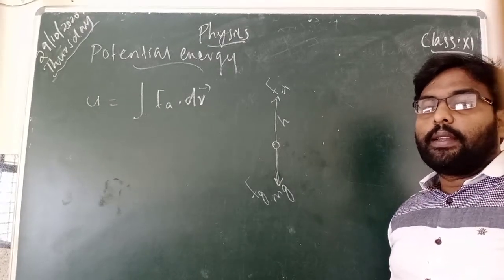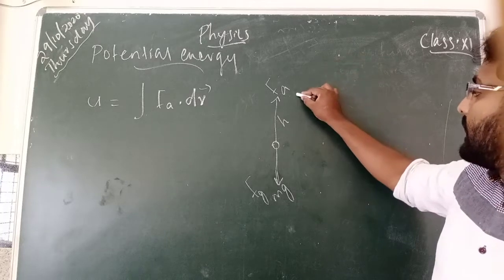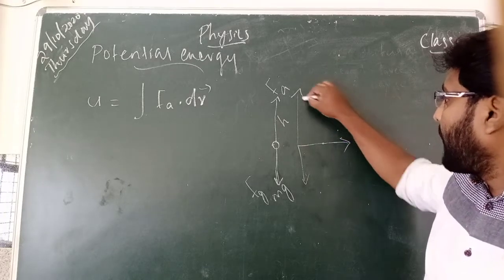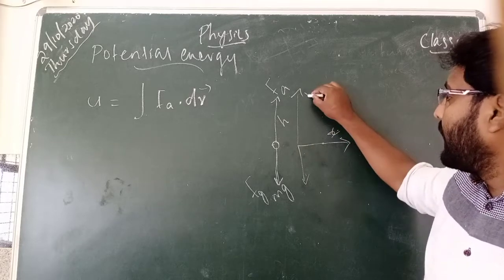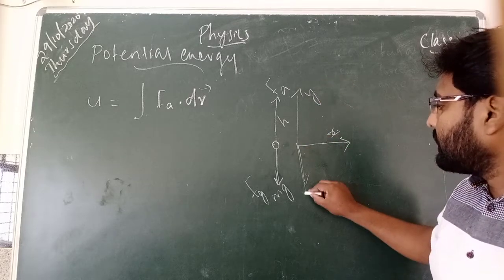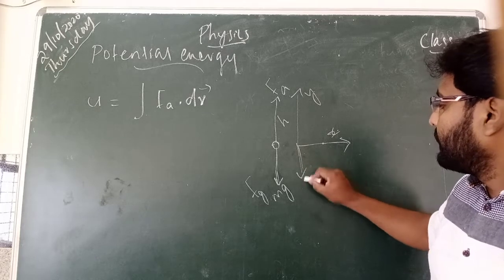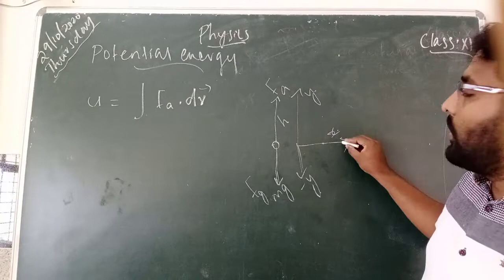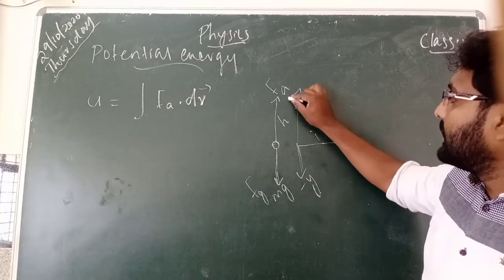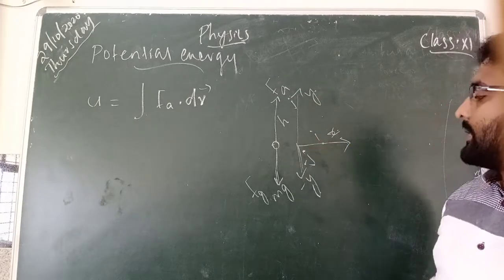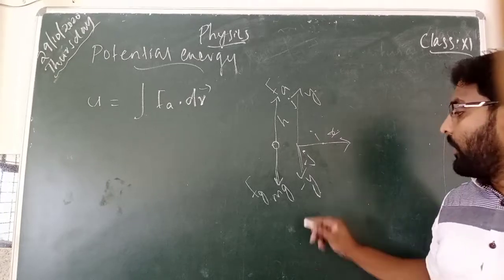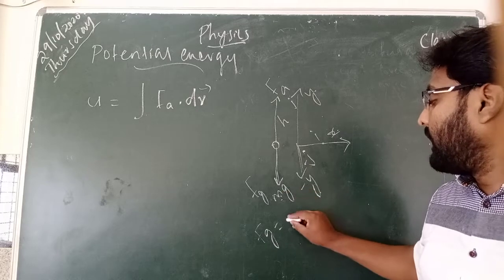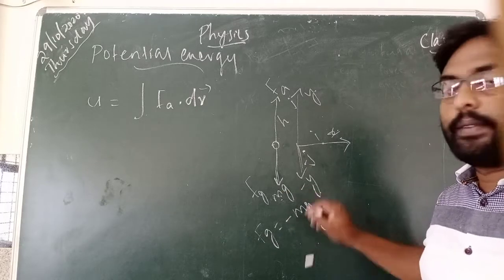Now you have learned the unit vectors. With X and Y axes, this is the I vector, this is the J vector, and this is the minus J vector. So downward, Fg is acting as minus mg.